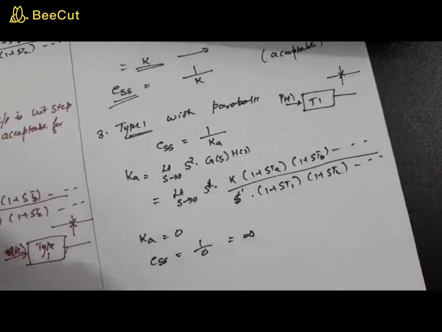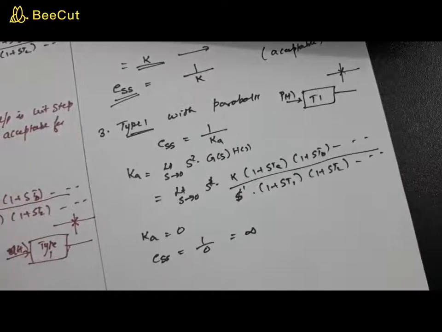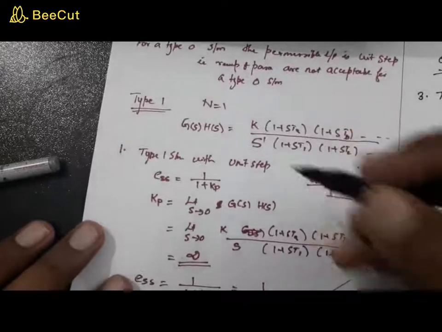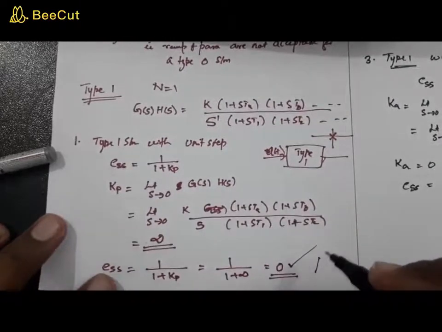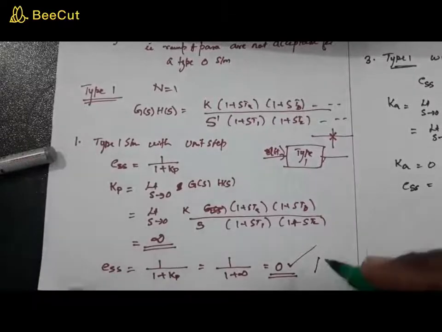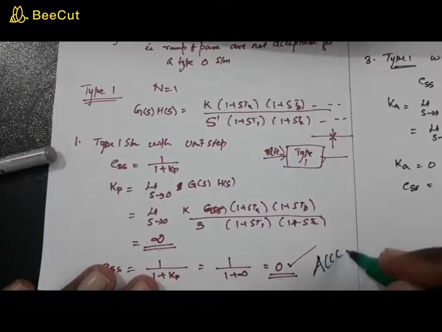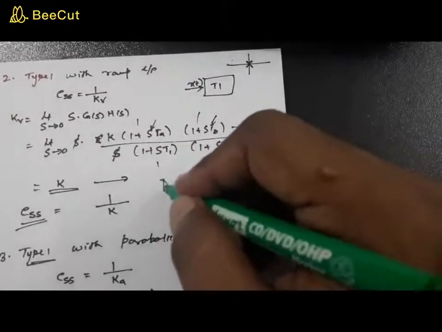So from this discussion, we have seen that you have 3 inputs. Among these, for a type 1 system, for a unit step input, the steady state error is 0, so this is acceptable. The ramp input is also acceptable because, even though you have a steady state error, it can be controlled.